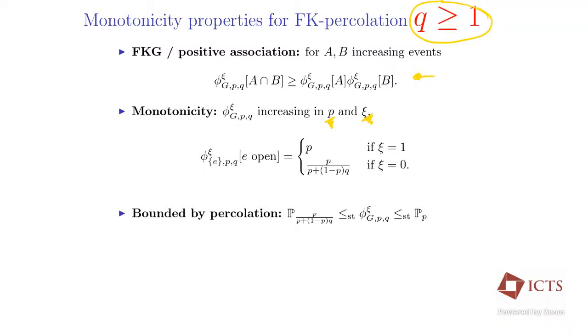And you have simple bounds by Bernoulli percolation. Now, I'm going very fast here because I see that most of you are used to it. If there are any questions about what it means to have one measure that is smaller than another, please let me know. It essentially means that you can couple the two measures or the three measures here in such a way that the configurations are increasing almost surely.